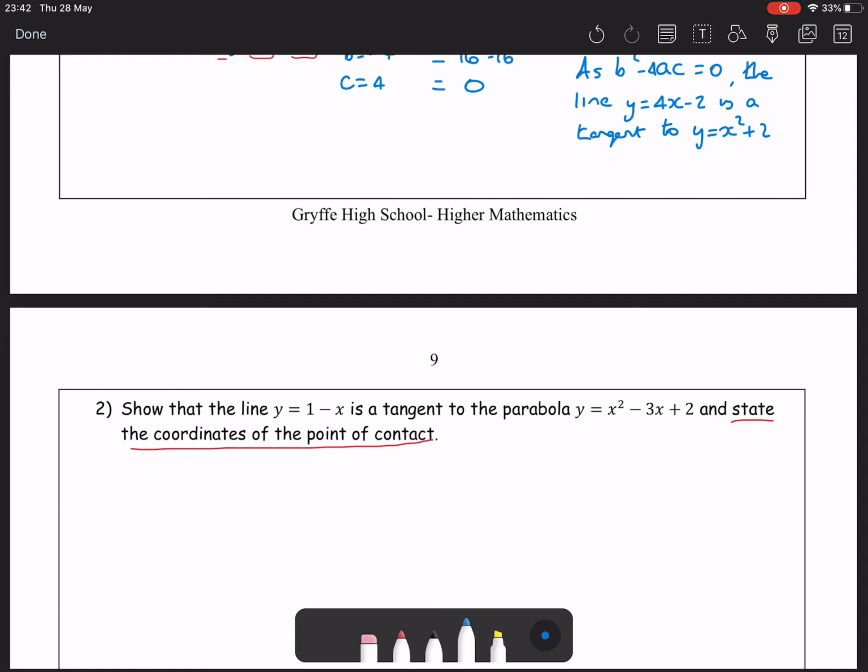In this second one, we'll approach the first part the exact same way, and we'll show you we can get the actual solution from that, but our main solution is going to be driven from this second part. This second part, where we have to state the coordinates of the point of contact, you have to factorise and solve to find the point of contact.